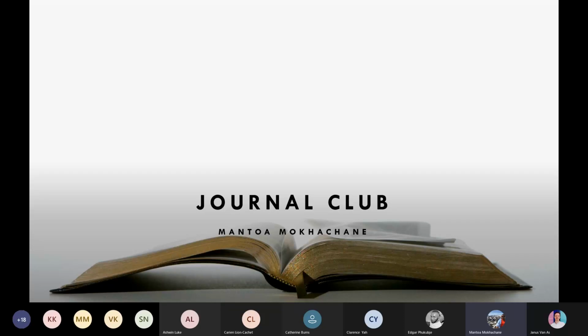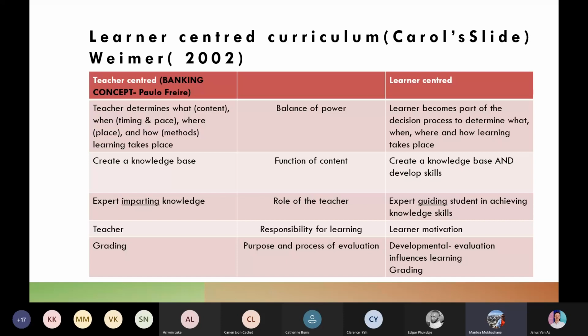I would just like to go back a little bit and start with the slide that was put up by Dr. Hartman last week, where she was trying, in summary form, in one slide, to show what is teacher-centered learning or curriculum, and also learner-centered on the right-hand side, and trying to reach the balance in between.